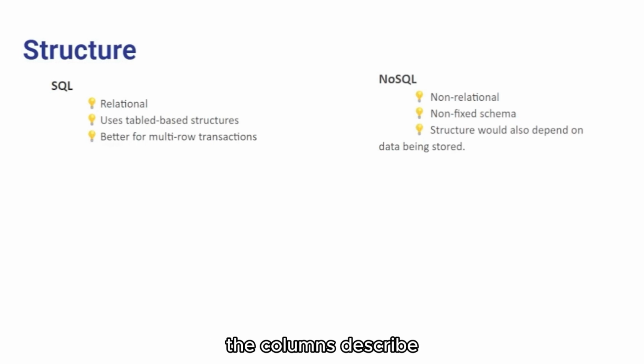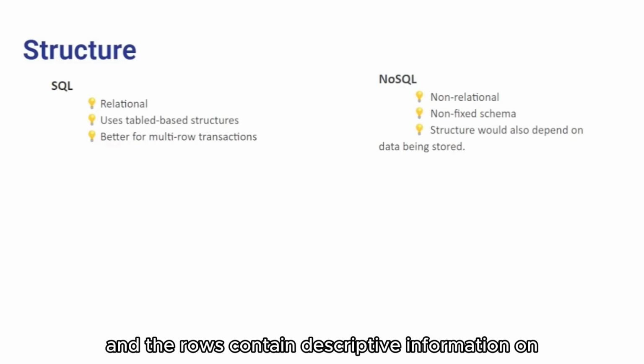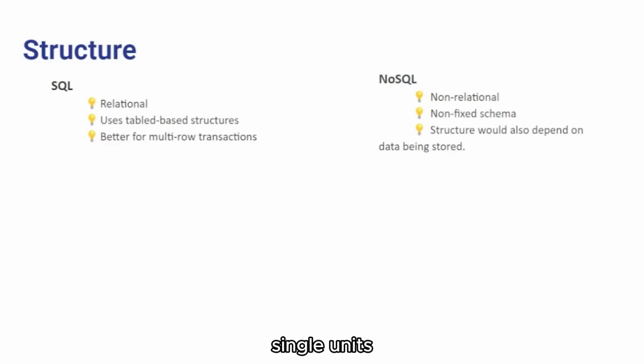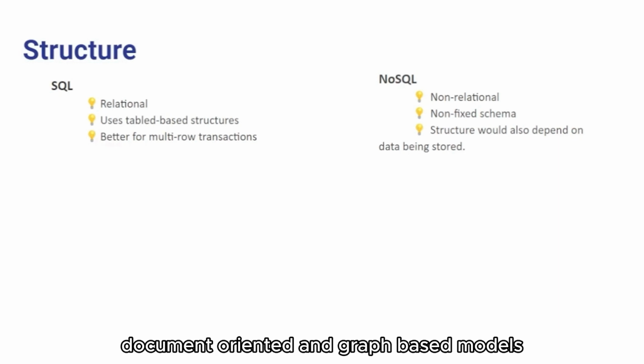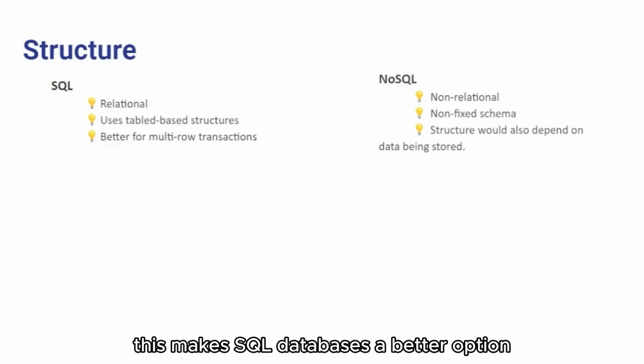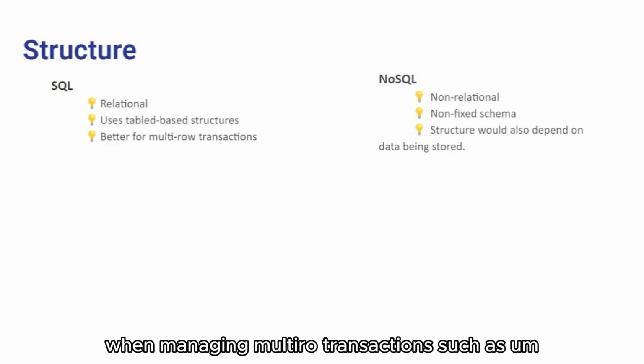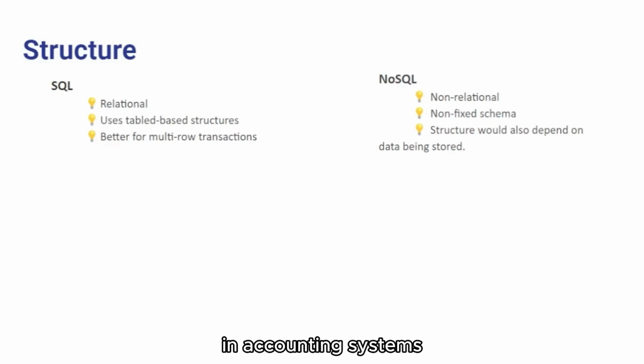The columns describe general fields found in all entities, and the rows contain descriptive information on single units. In contrast, NoSQL uses a non-fixed schema. It handles unstructured data. It uses key-value pairs, column-oriented, document-oriented, and graph-based models. This makes SQL databases a better option when managing multi-row transactions, such as in accounting systems.